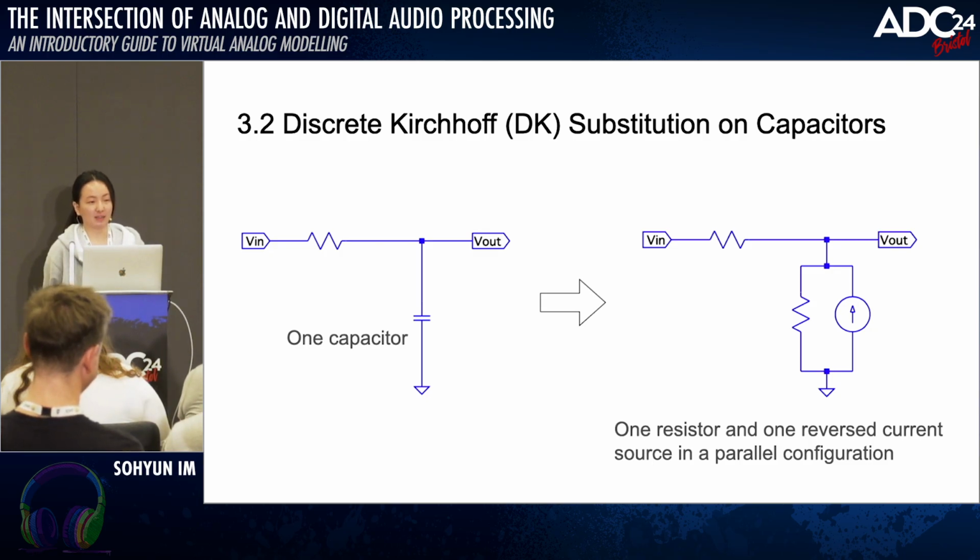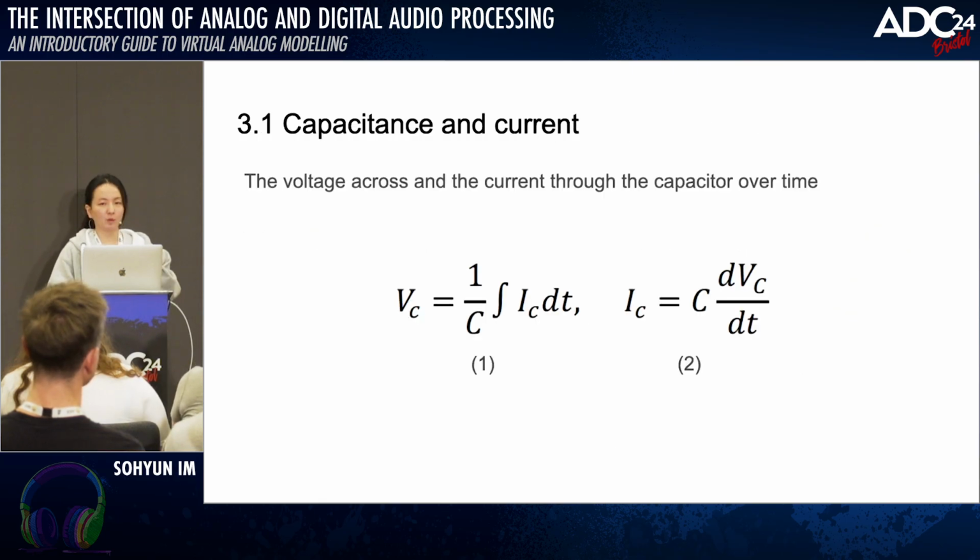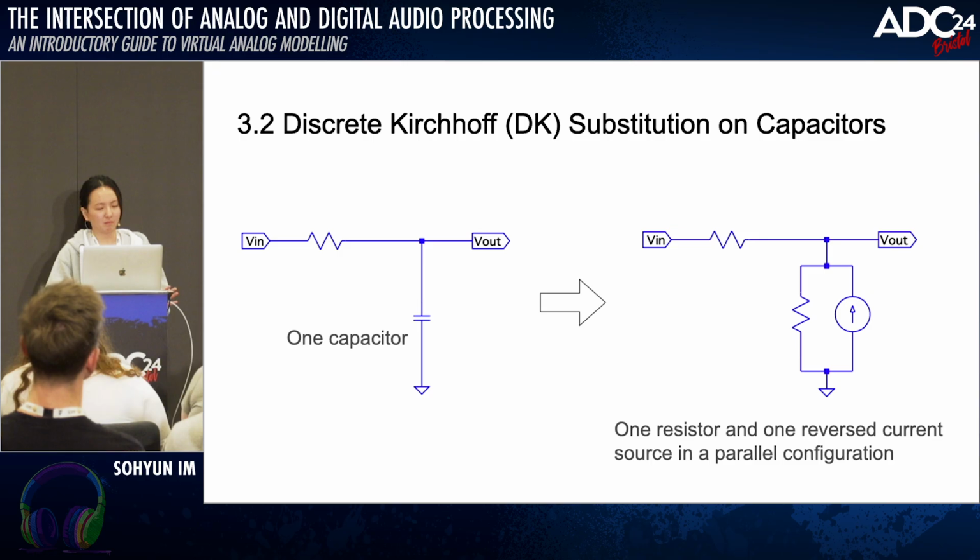This actually makes it easy to find the voltage and current with respect to a capacitor. As you saw before, if you want to find the voltage or current through the capacitor, the formula is not pretty.